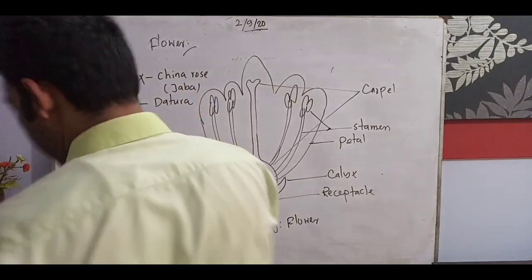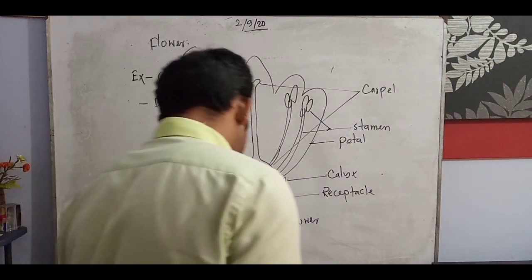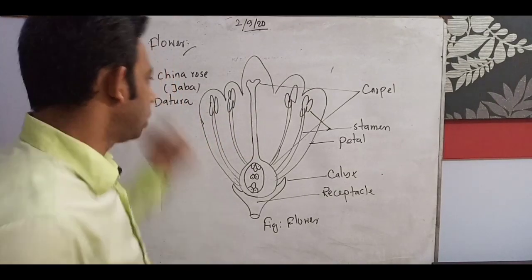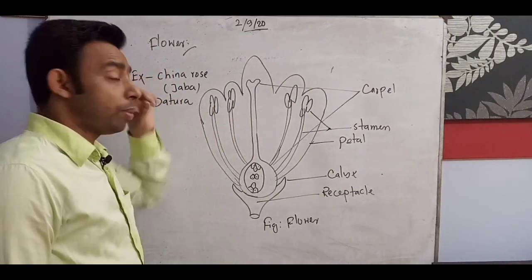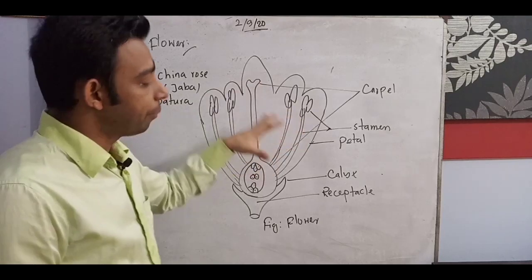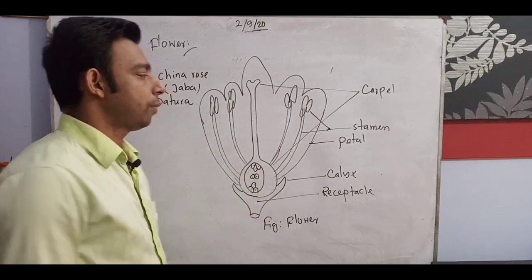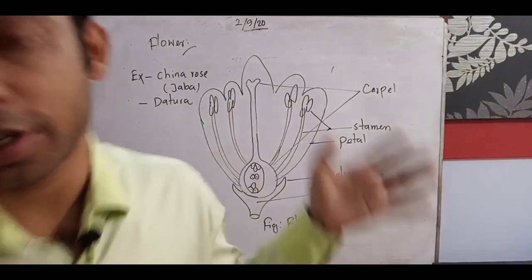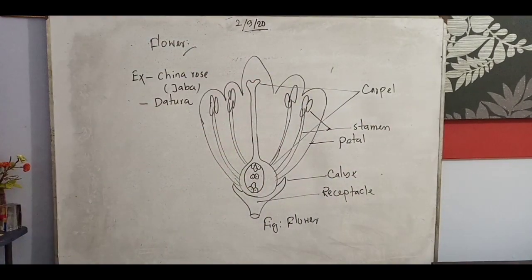You can write about this one as well, the complete flower, China rose or Java, Datura, like them. This is the complete flower of China rose, the figure and all parts. I think you understand all the parts we actually tried to draw here.